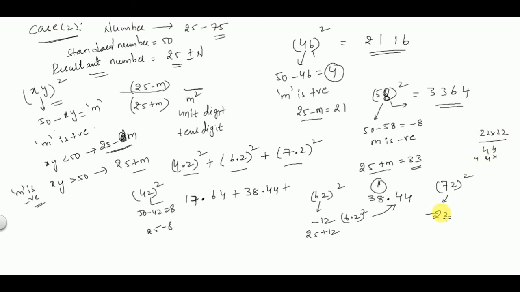So 484 we get, so 84 we will write and 4 we will keep aside, and this is 22, so 22 plus 25 is 47, 47 plus 4 is 51, so this will be the square of 72. So if you want 7.2 whole square, what will we get? 51.84, so plus 51.84. If you just add these, you'll get 107.92.